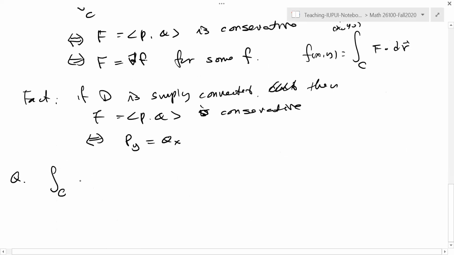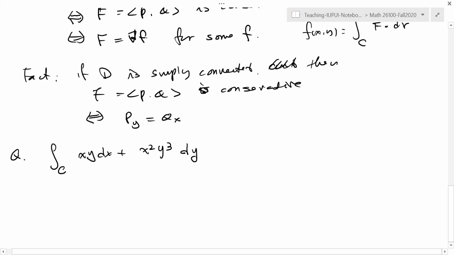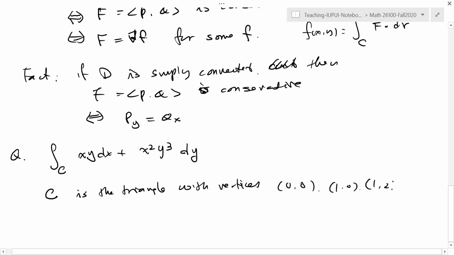Evaluate this integral over C of xy dx plus x squared y cubed dy, where C is a triangle with vertices (0,0), (1,0), and (1,2), with positive orientation.